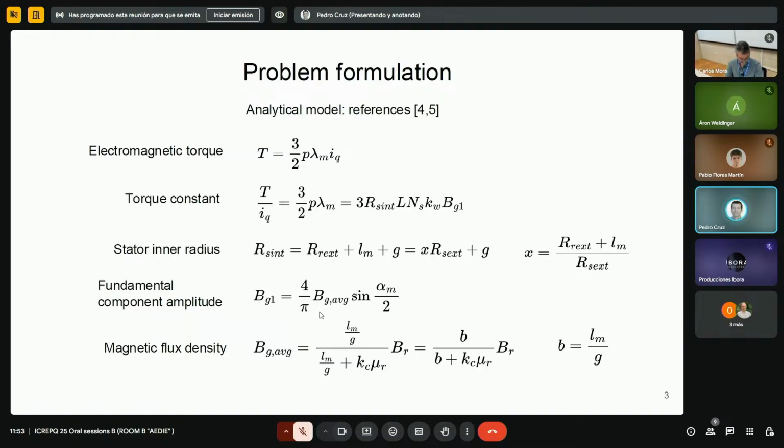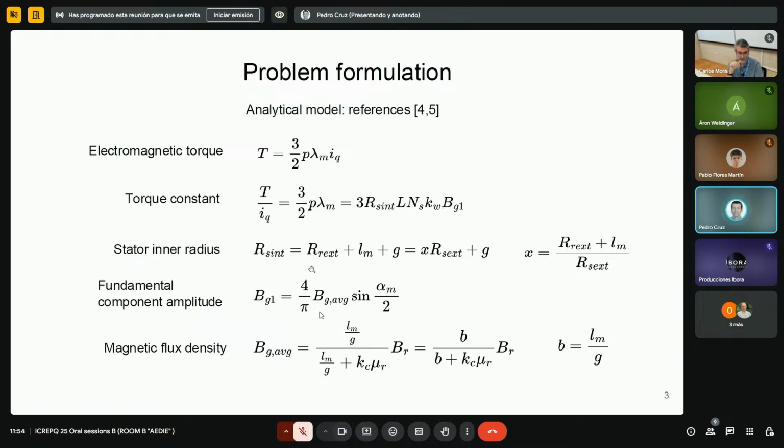So the torque constant optimization is similar to the current optimization. In the torque constant, we have several geometrical parameters like the rotor radius, the stator inner radius, the length of the stack, the number of turns per coil per phase, the coefficient of winding, and the fundamental component amplitude of the flux density.